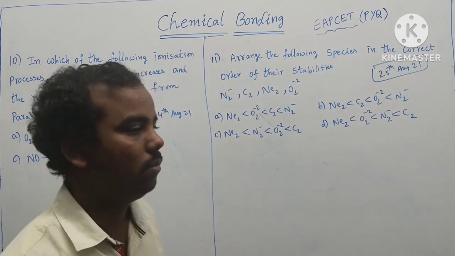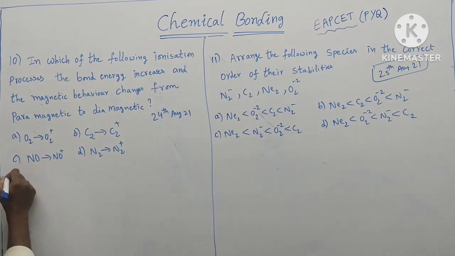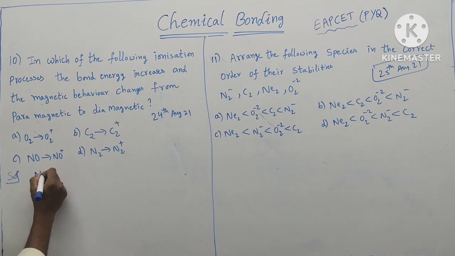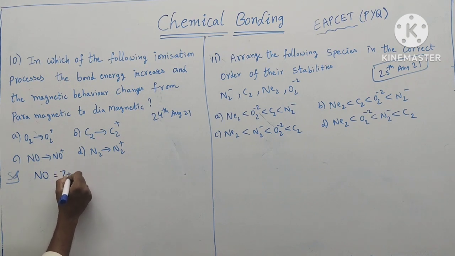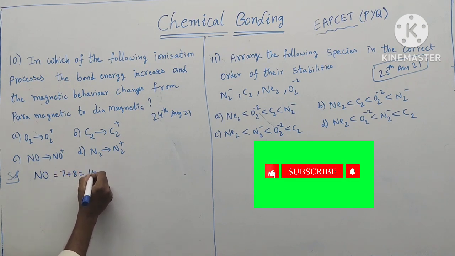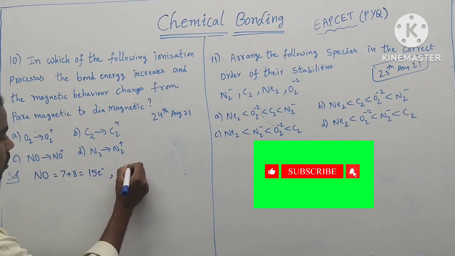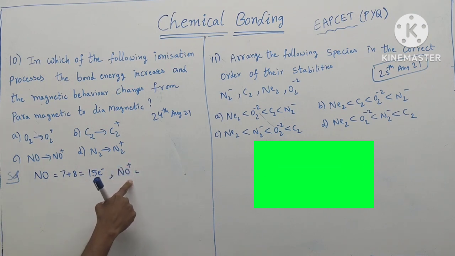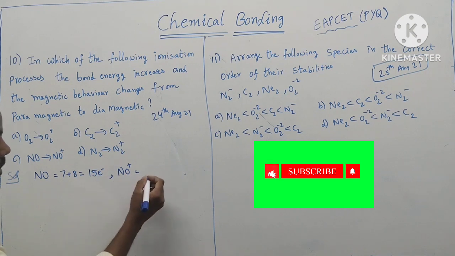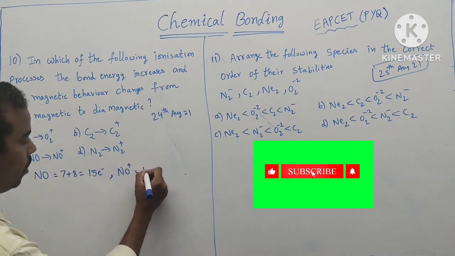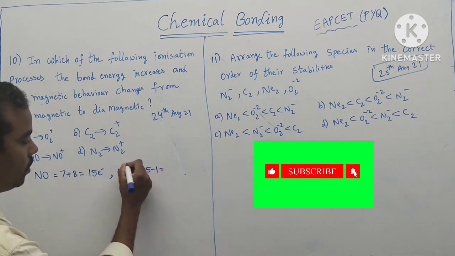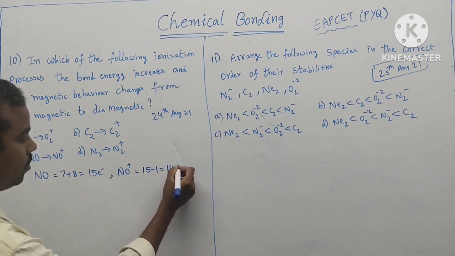If we observe NO, how many electrons? Nitrogen 7, oxygen 8, 7 plus 8, 15 electrons. Next, NO plus: 15 minus 1, since plus means minus 1 electron, gives 14 electrons.